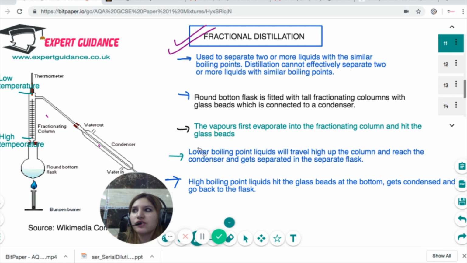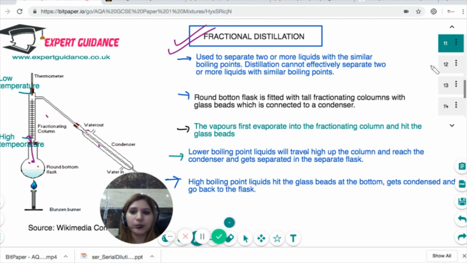The vapors first evaporate into the fractionating column and hit the glass beads. The lower boiling point liquid will travel high up the column and reach the condenser and get separated in the separate flask. And the high boiling point liquids hit the glass beads at the bottom, get condensed, and come back to the flask.